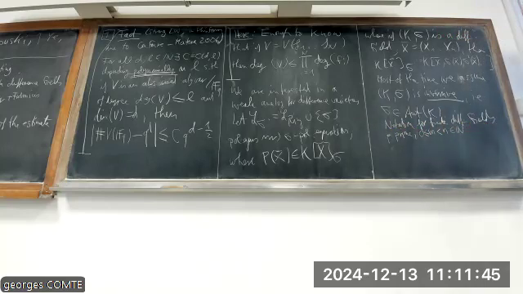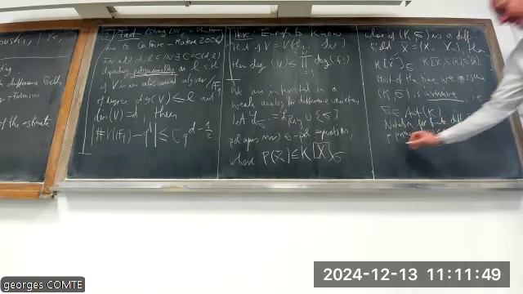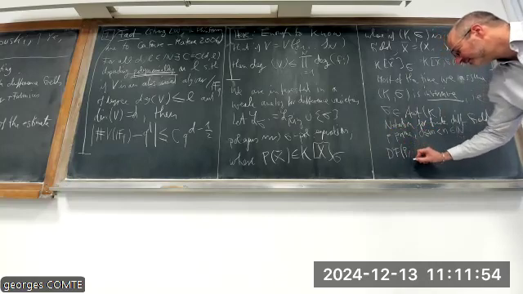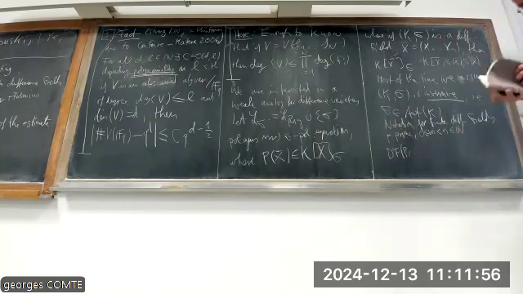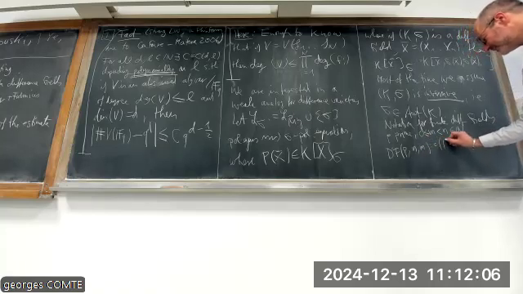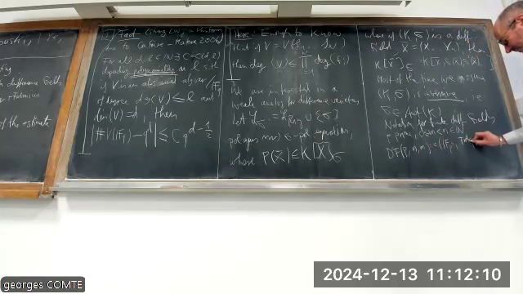All finite difference fields are of the following form: the difference field associated to the prime p. So we just take the field with p to the n elements and with the Frobenius p to the m.